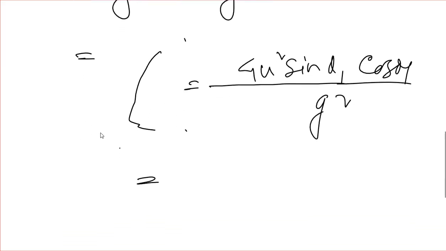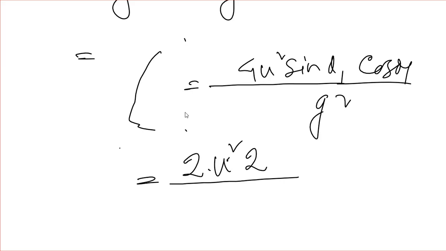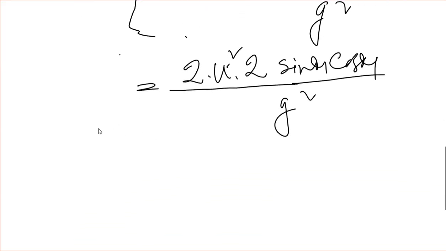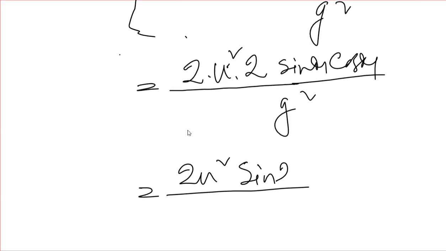So it will be 2 into u square into 2 sin theta 1 cos theta 1 divided by g square. That will be 2 u square sin 2 theta 1 divided by g square.